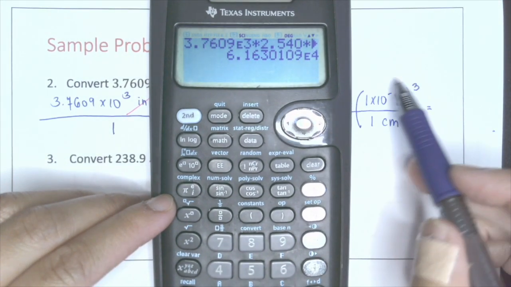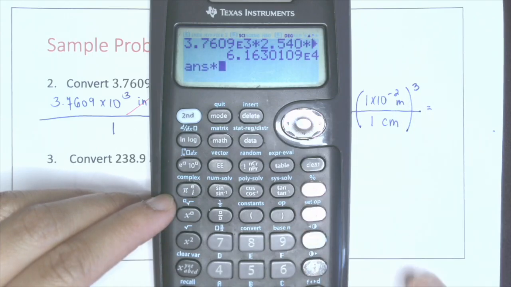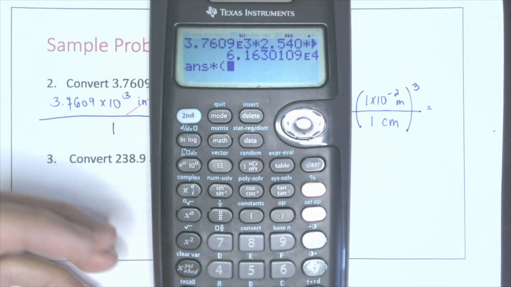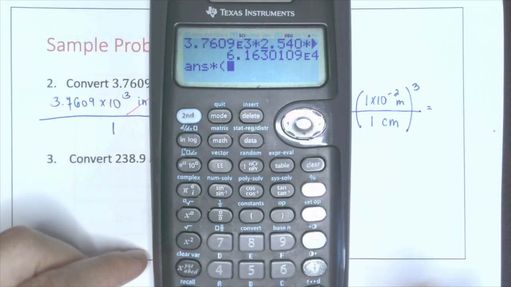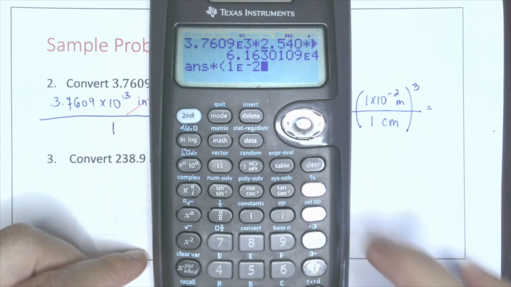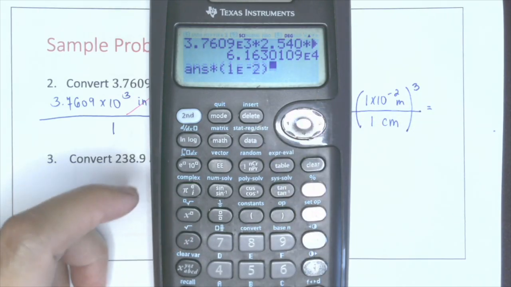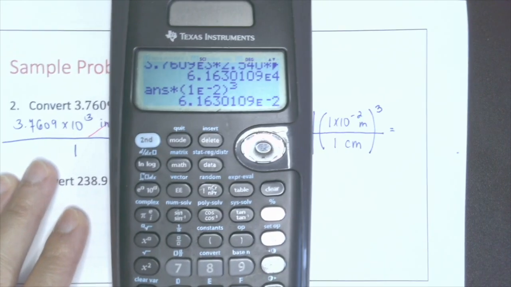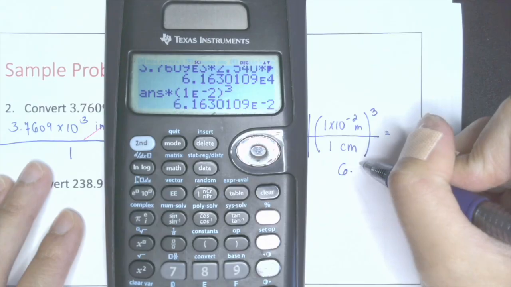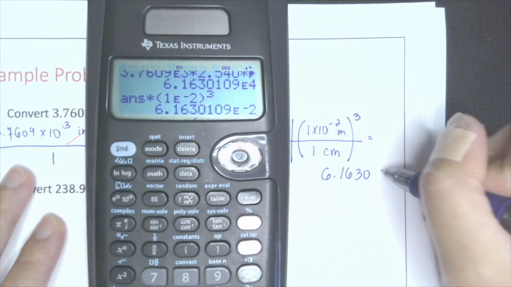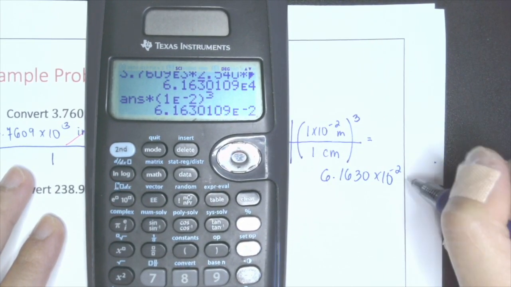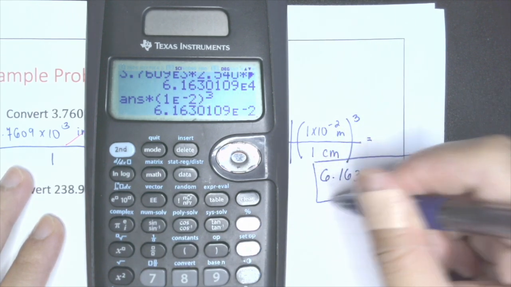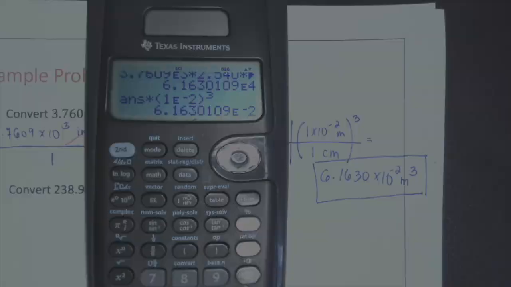Just make sure that you are using the parentheses correctly. So we have 1 times 10 to the negative 2, and then we cube the whole thing. And so our final answer is 6.1630 times 10 to the negative 2nd meters cubed. And that's our final answer.